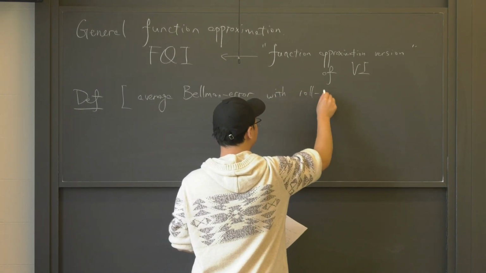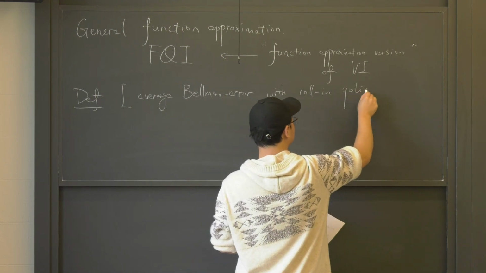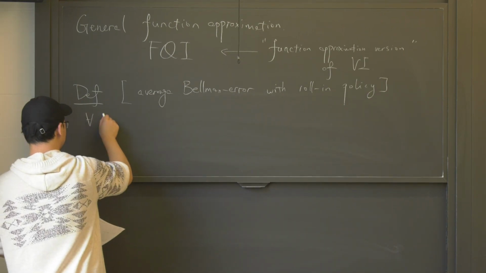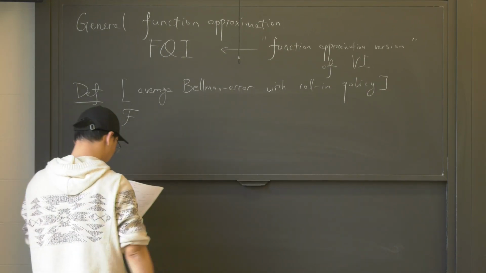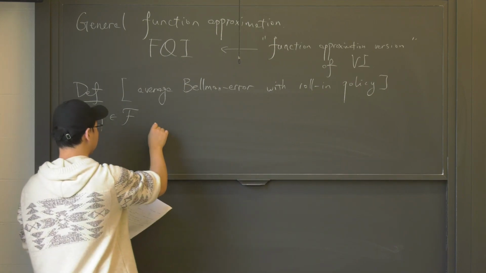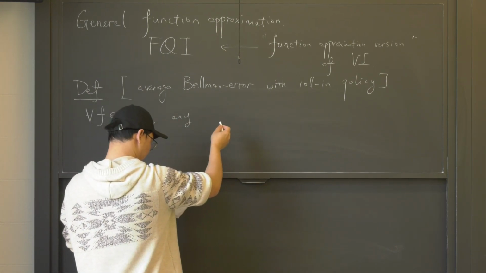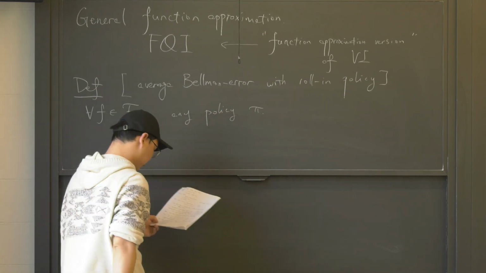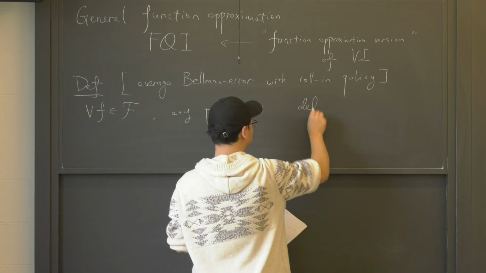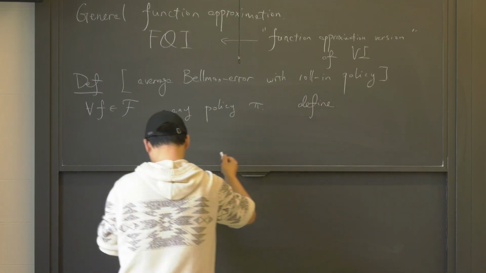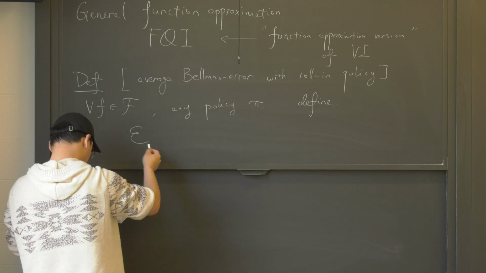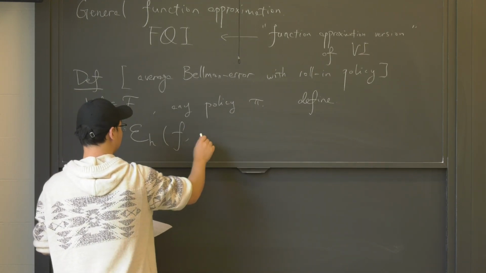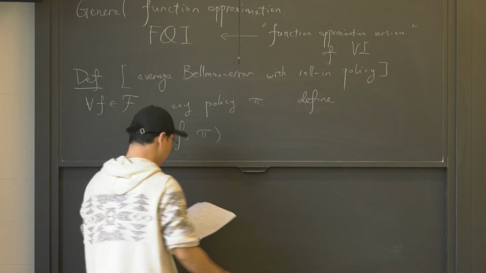With roll-in policy. So the definition is quite straightforward. It says for any value function f in this function class F, and for any policy pi, we can define this average Bellman error at step h, looking at value function f and roll-in policy pi, as follows.